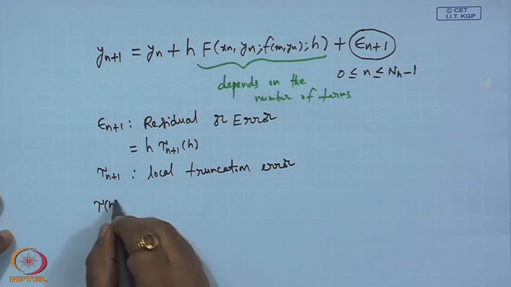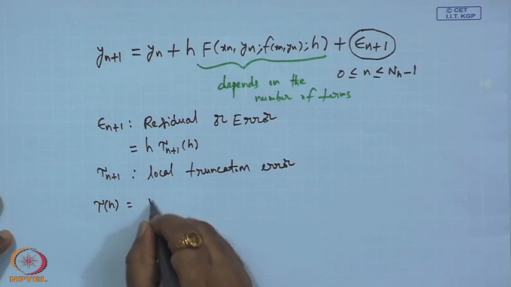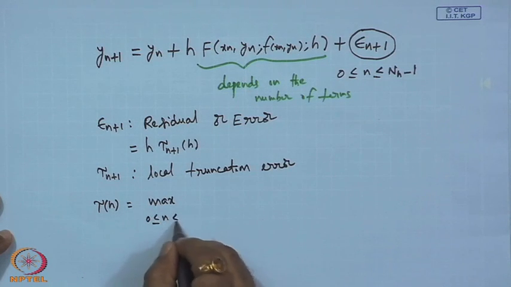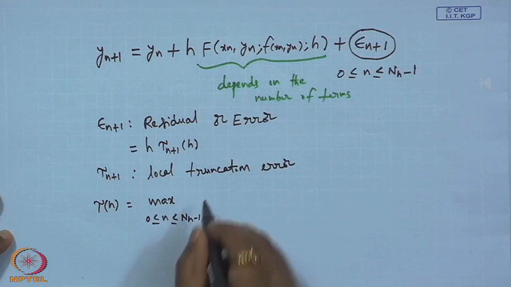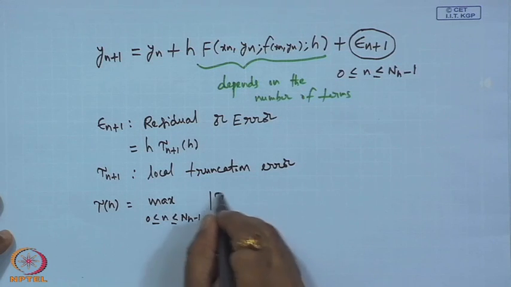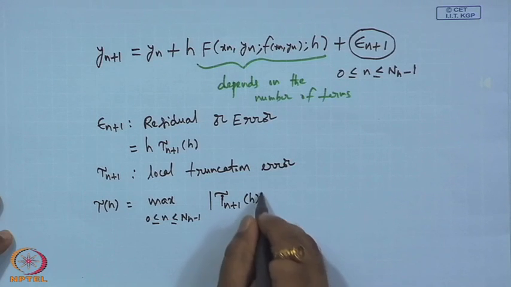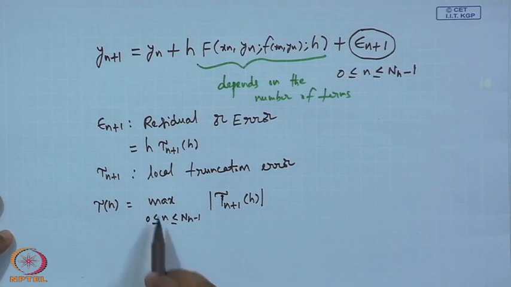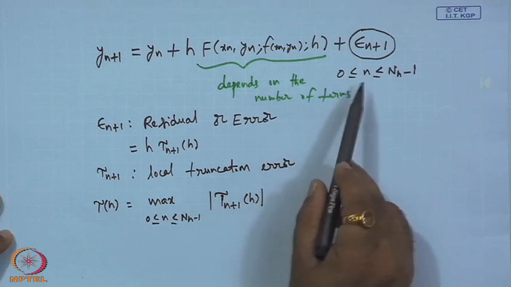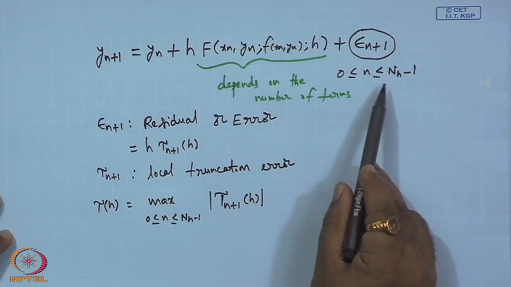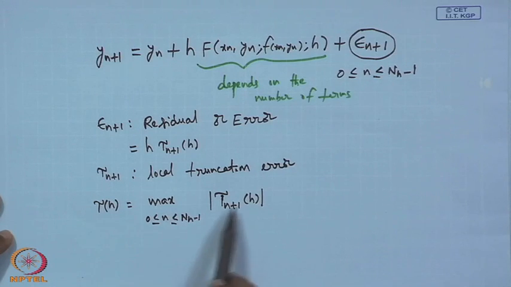Then we introduce a tau h, which is the max, because at each interval, if you consider n equal to 1 to 2, we have the corresponding local truncation error involved.